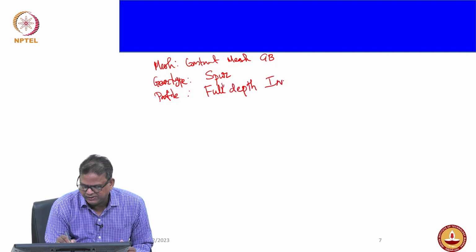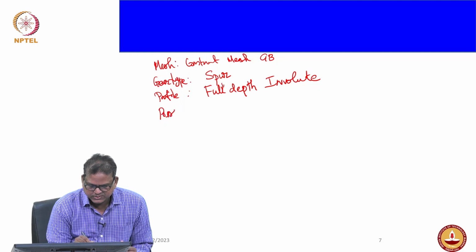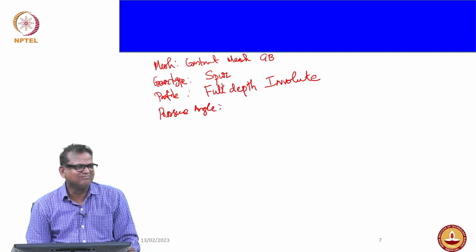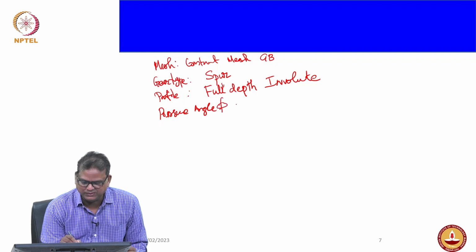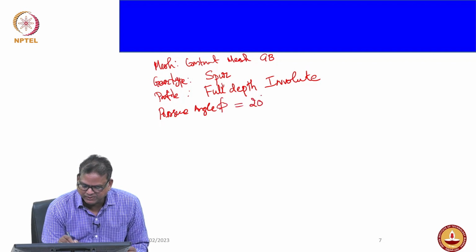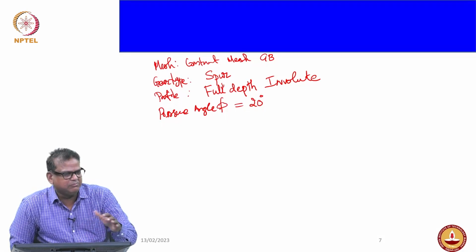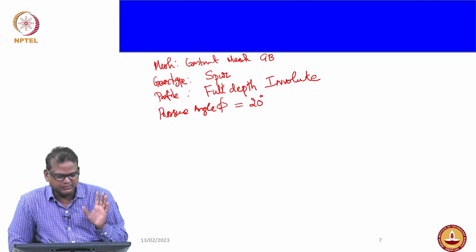That is the profile, right? Usually we use involute profile. What about the pressure angle? Standard pressure angle is usually 20, right? It is not given, but we choose 20. Okay, so this is the information we have taken at the moment: spur, full depth involute, and pressure angle 20.